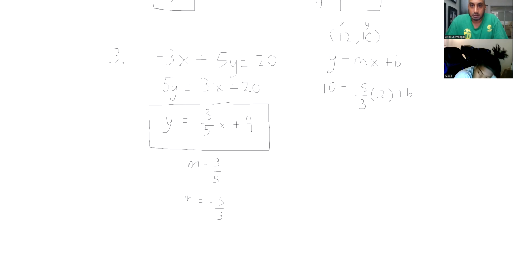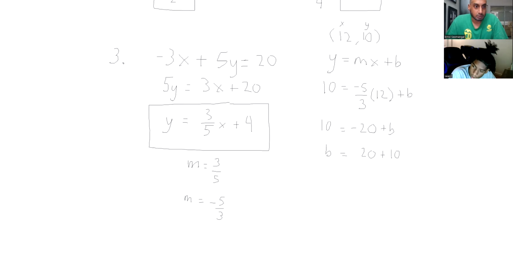Negative 5 times 12 is negative 60, divided by 3 is negative 20. Negative 20 plus b equals 10. So b equals 20 plus 10, which is 30.